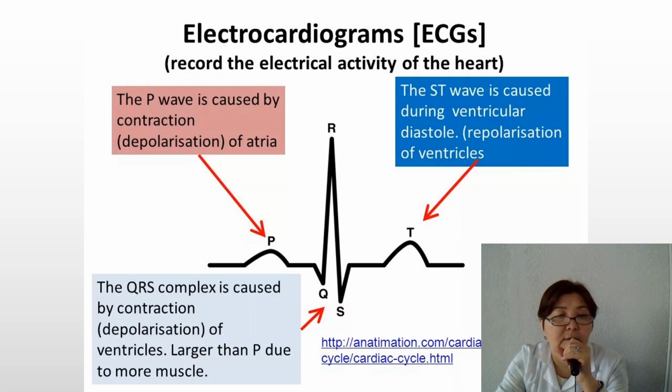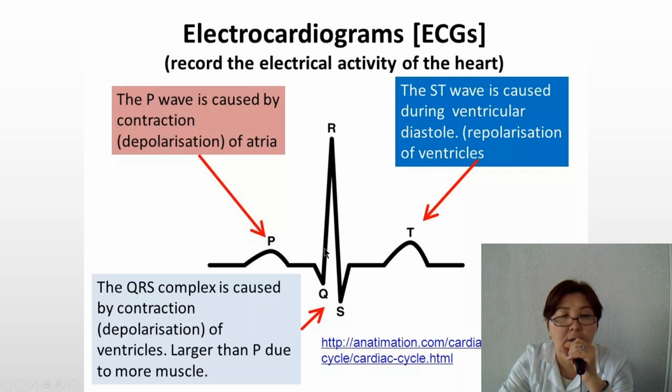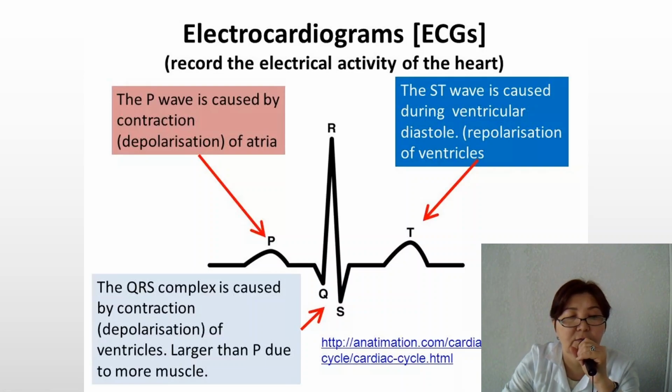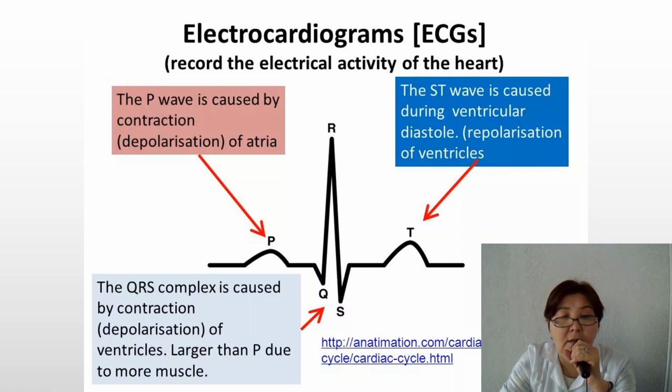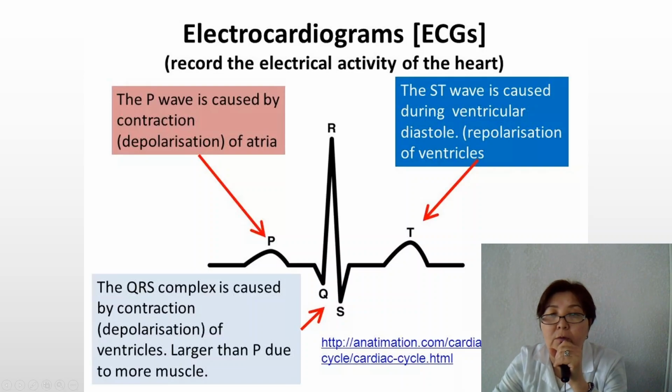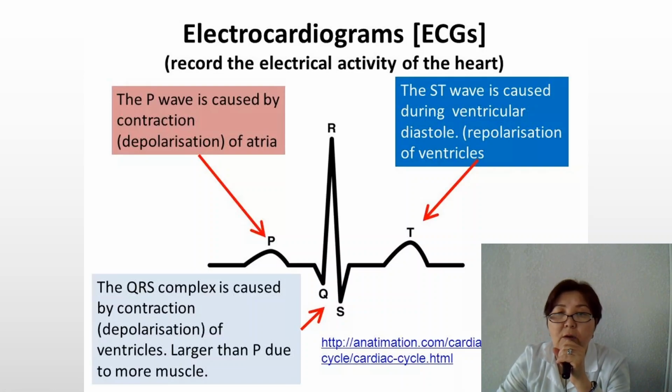The QRS complex is caused by contraction or depolarization of the ventricles, larger than the P wave due to more muscle. And the T wave is caused during ventricular diastole or repolarization of the ventricles.